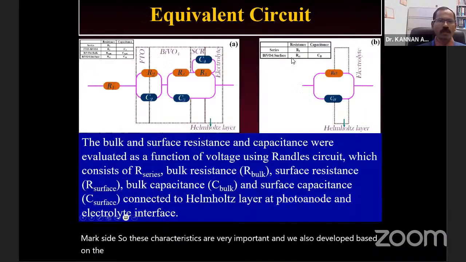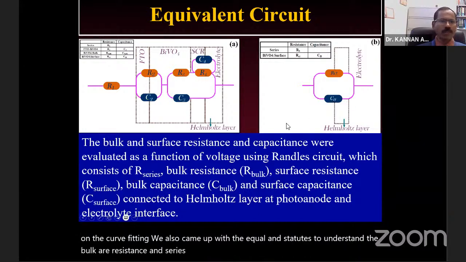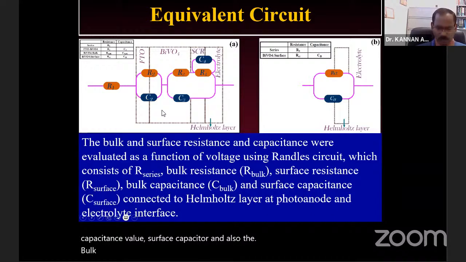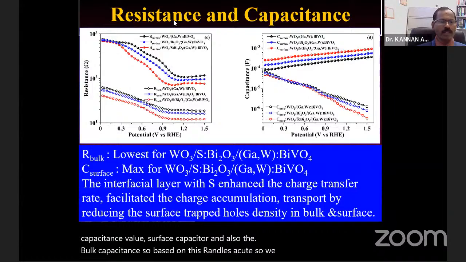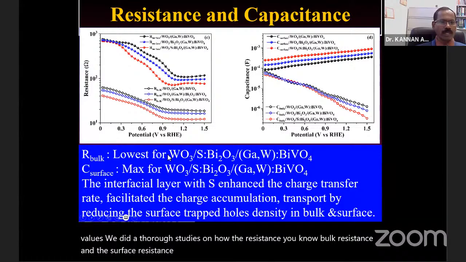These characteristics are very important, and based on curve fitting we also came up with equivalent circuits to understand the bulk resistance and the series resistance, and also the capacitance values, surface capacitance and bulk capacitance. Based on these Randles circuits, we can estimate the values. We did a thorough study on how the bulk resistance and surface resistance change for these materials when we polarize the electrode.